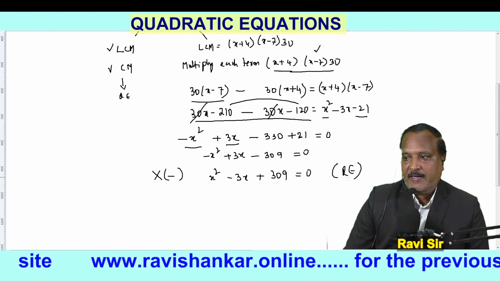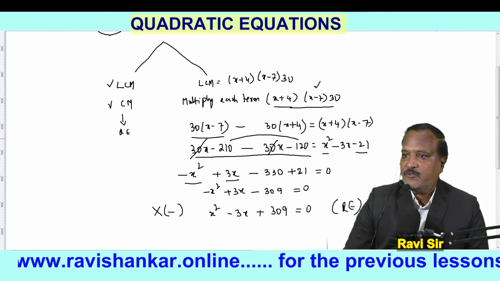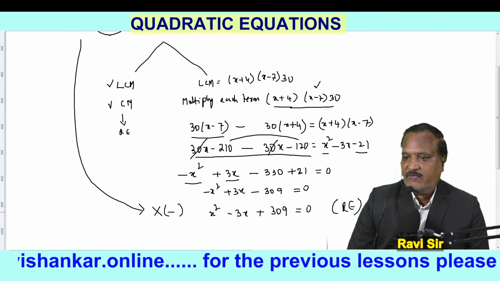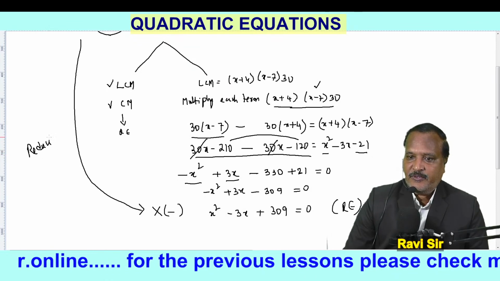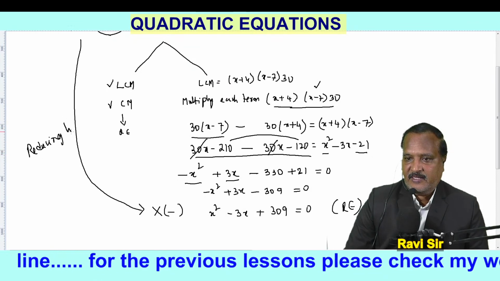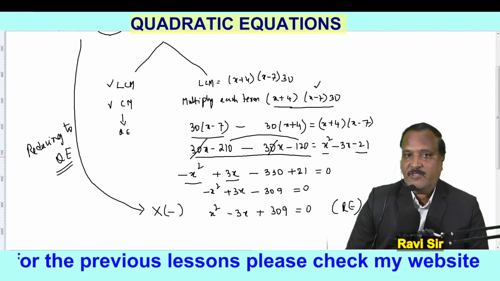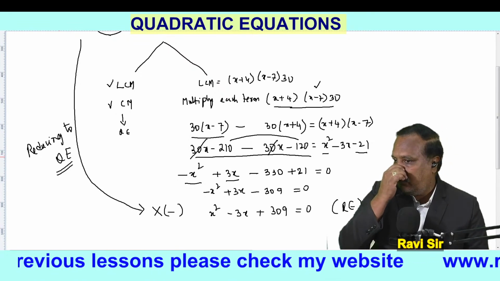Now you can apply any method, right? So this is how you have to bring the main question to the quadratic form. We call this procedure reducing to quadratic equation. This concept is officially removed from the term 2 syllabus.